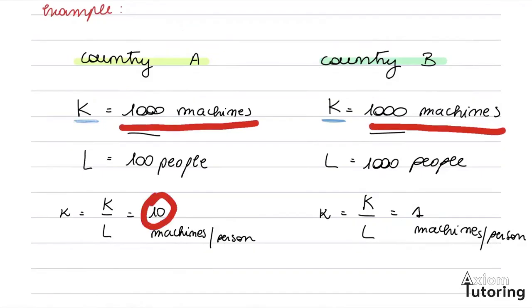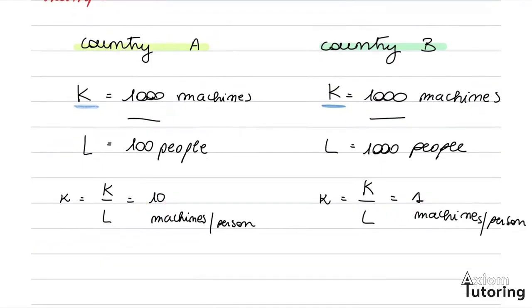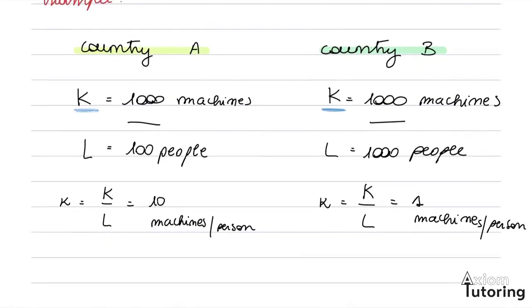We need to look at the number of machines that each worker gets to work with to actually determine the output per worker, so how much each worker produces, and consumption per worker, and therefore now we can infer the long run standards of living of a country.